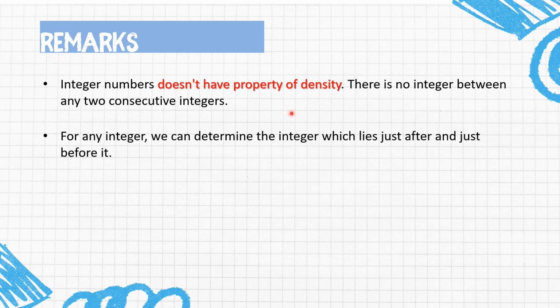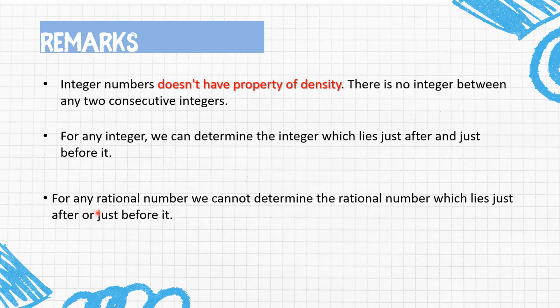For any integer, we can very easily and clearly determine the integer which lies just after and just before it. But for rational numbers, because of the property of density, we cannot determine the rational number which lies just before or after it.